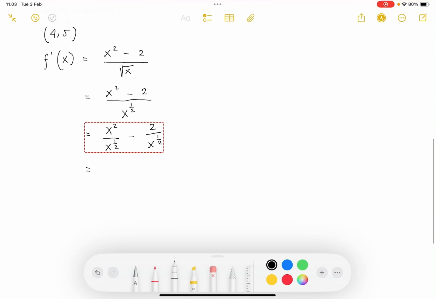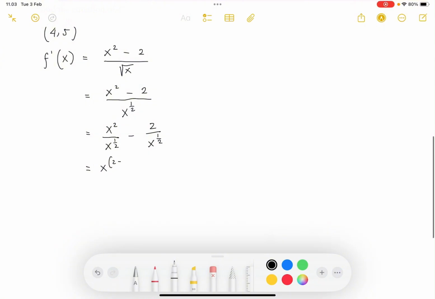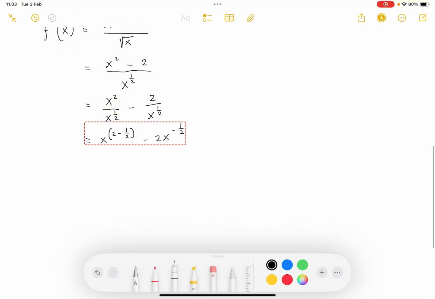After that, we simplify. If x to the power of 2 is divided with x to the power of 1 over 2, what should we do with the power? Correct. We need to subtract them. So 2 minus 1 over 2, and x to the power of, if I pull it up, it's going to be minus 1 over 2.